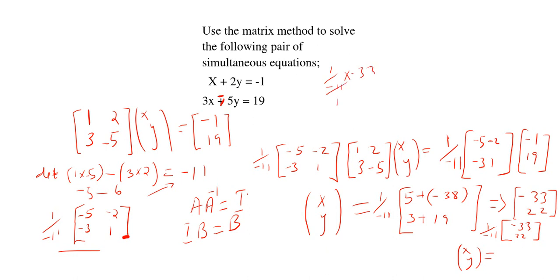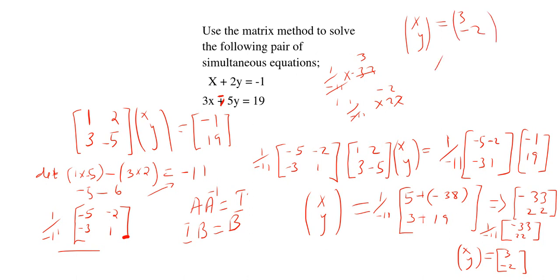This will cancel with this, we get 3. Then here we shall get negative 2, because we have 1 over negative 11 times 22. We get negative 2. So in this case, we shall have our xy being equal to 3, negative 2.